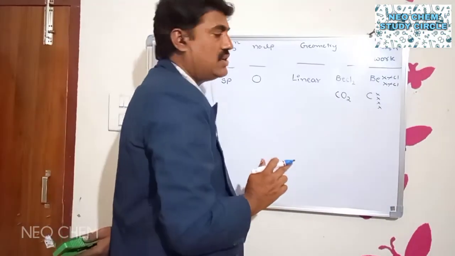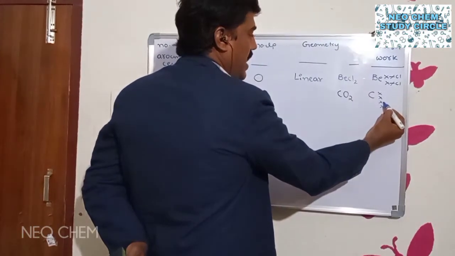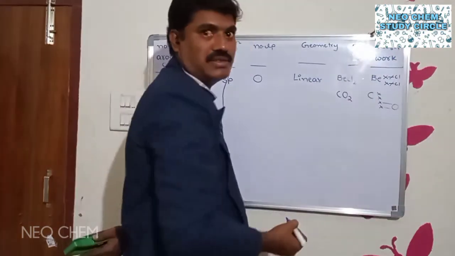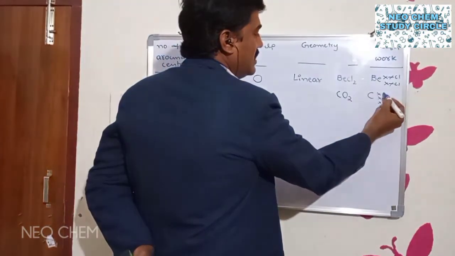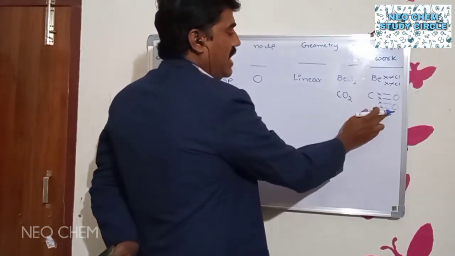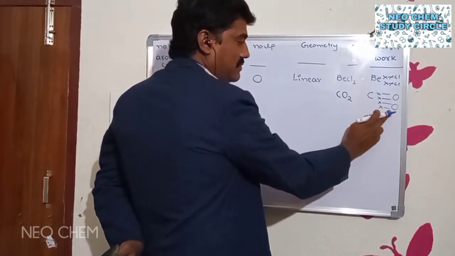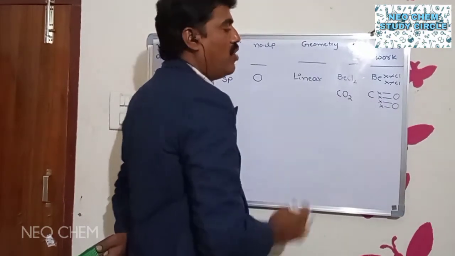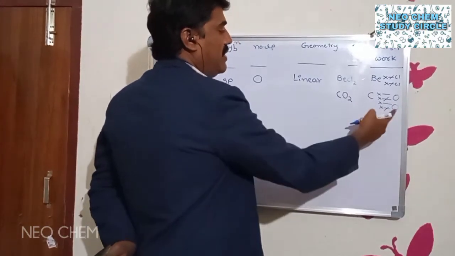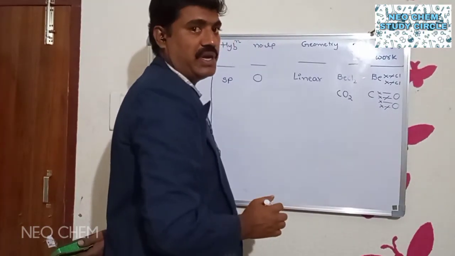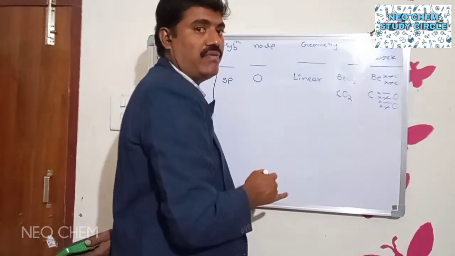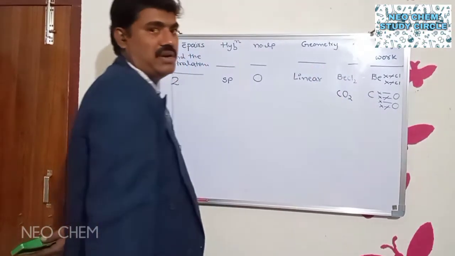Valency of each oxygen atom is 2, so we should write 1 oxygen with 2 electrons, second oxygen with remaining 2 electrons. Next, there is a double bond with each oxygen atom. In this double bond, one sigma bond is present. So first sigma bond, second sigma bond. So hybridization of carbon dioxide is sp. After sp hybridization, there is no lone pair of electrons remaining on the carbon.